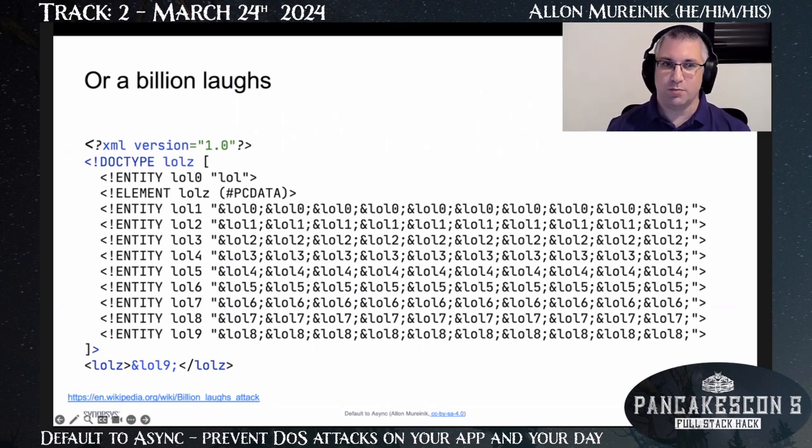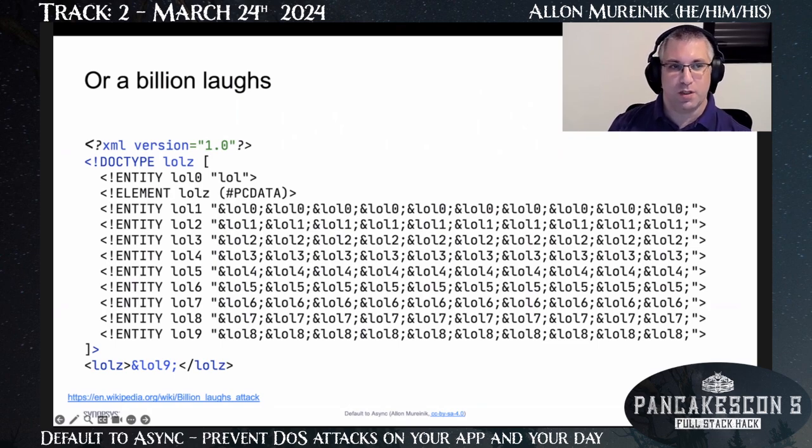So this is an example of a payload. This is the XML variant of an attack called the billion laughs attack. And this is a form of payload, or a form of XML bomb attack. What we see here is a relatively small payload that takes advantage of the XML format's ability to define entities and then reference them. So we have the definition of the lol0 entity.